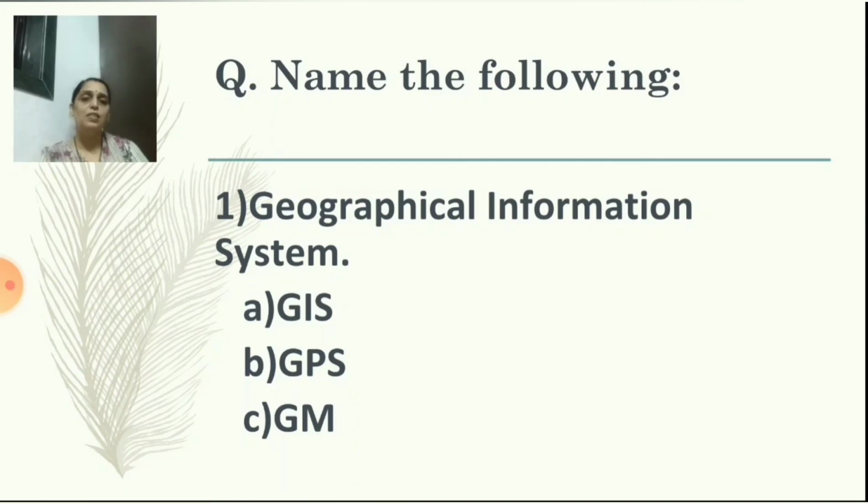First, Geographical Information System. What will be the answer? Options are A, GIS, B, GPS, C, GM. The answer will be GIS.